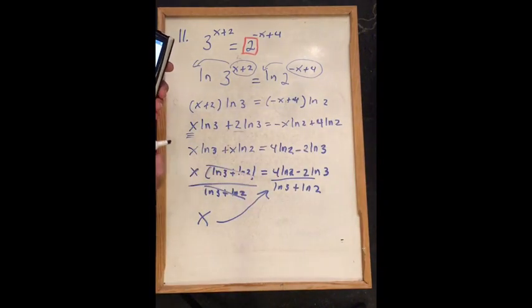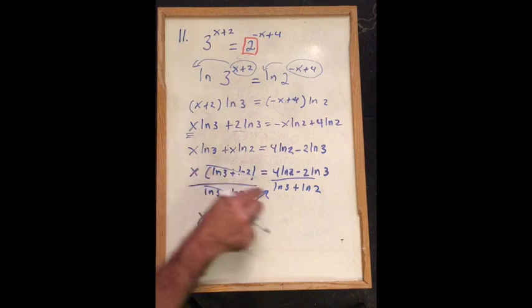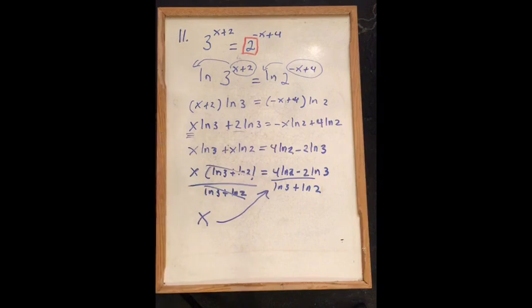And we'll do the parentheses, 4 ln of 2, close parentheses, minus 2 ln of 3, close parentheses, and then close for the top, divided by parentheses, ln of 3, close parentheses, plus ln of 2.